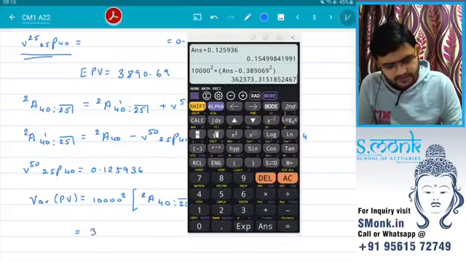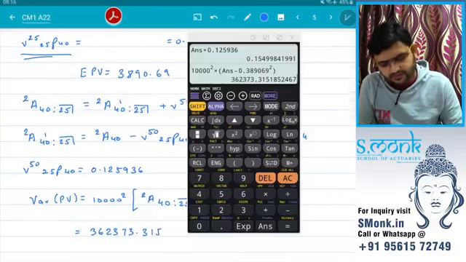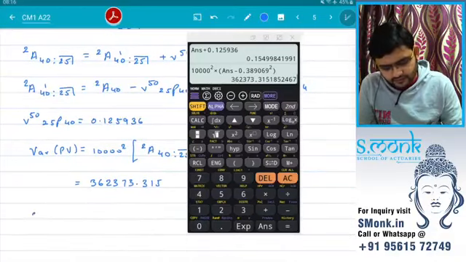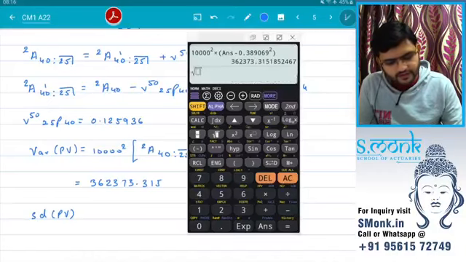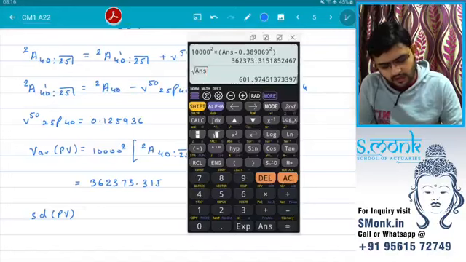So variance is 362373.315. We want to find standard deviation, so we'll take the root of this. And the standard deviation is 601.397.